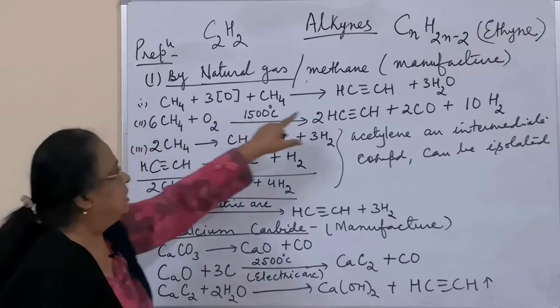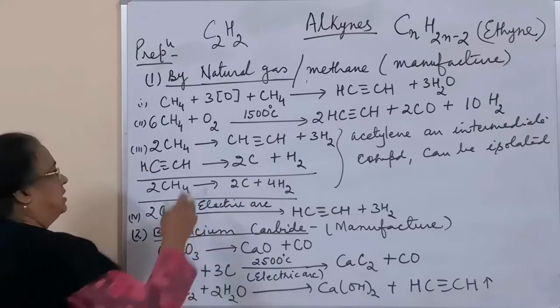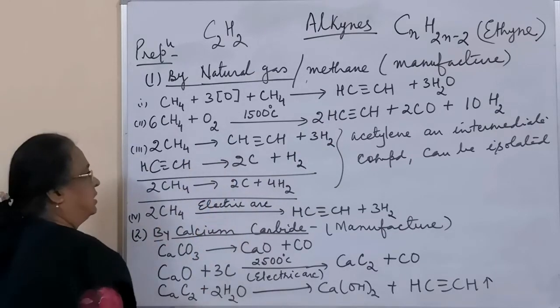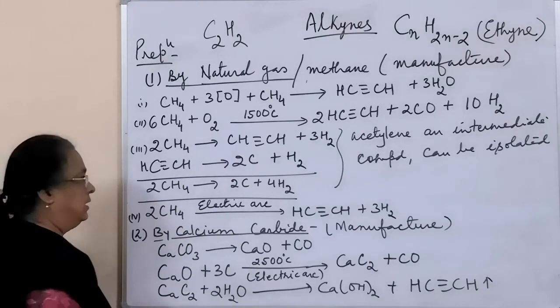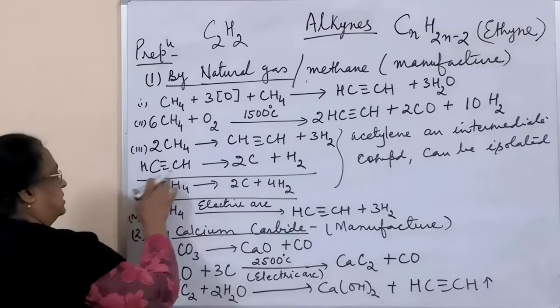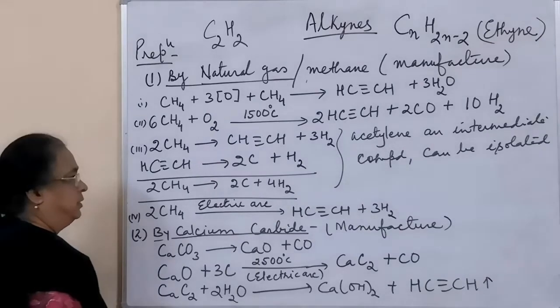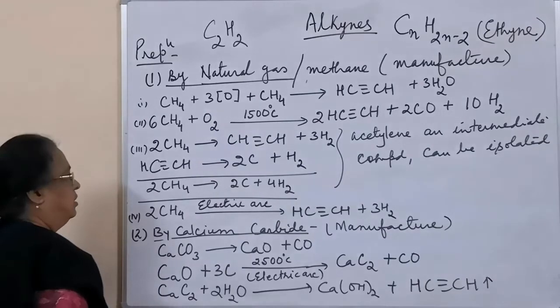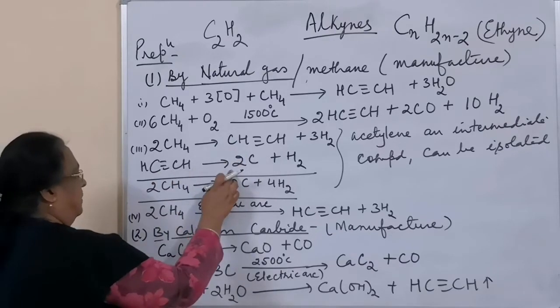This acetylene is formed from methane when we heat it, and the reaction does not stop at acetylene, but when we continue heating, acetylene gets decomposed into carbon, a black powder, and hydrogen gas.